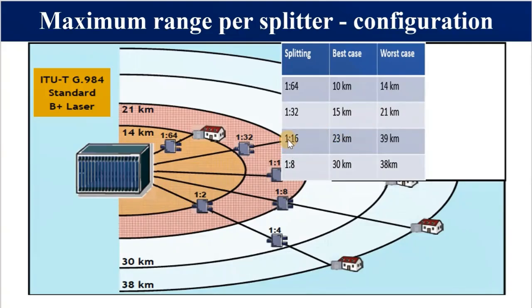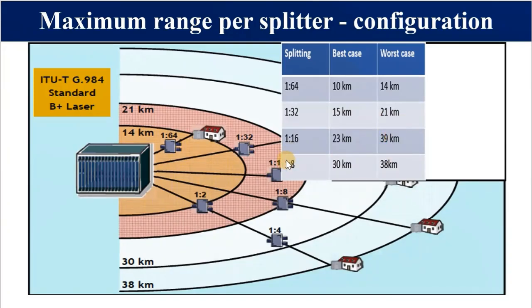For 1:16, please take note, the lower the split ratio, the more the reach, or the longer the PON. So for 1:16, your worst case is 39 kilometers, which means your network cannot exceed 39 kilometers.